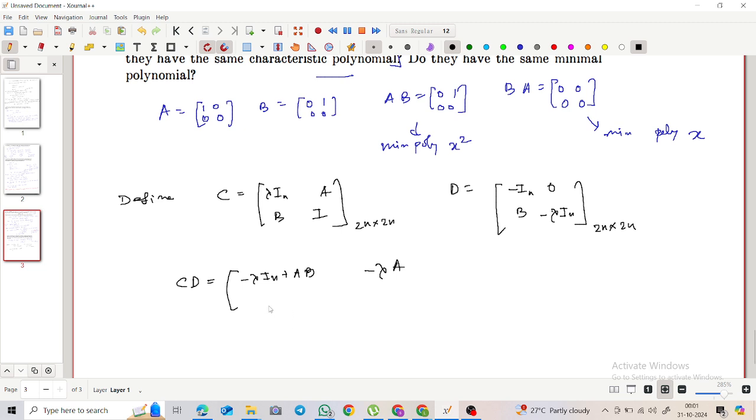And this is 0, minus lambda I, right? And what is DC? DC is minus lambda I, minus A, 0, BA minus lambda I.